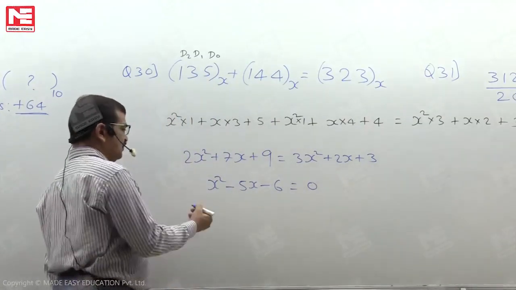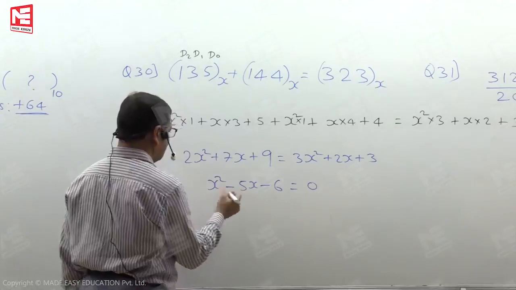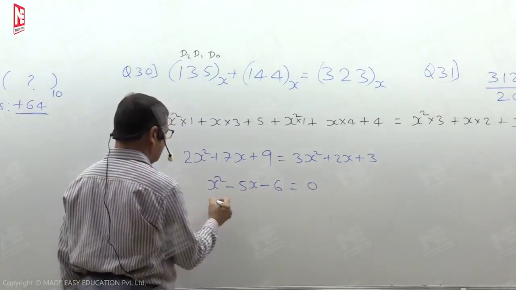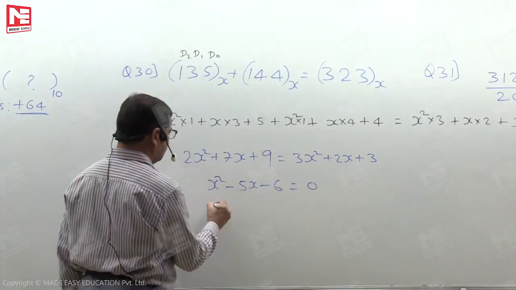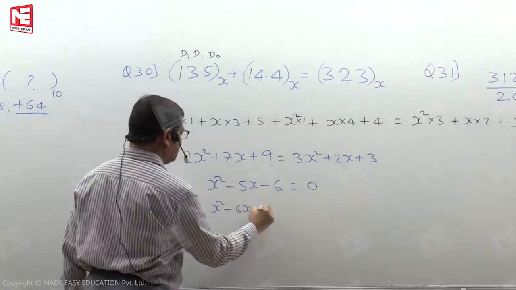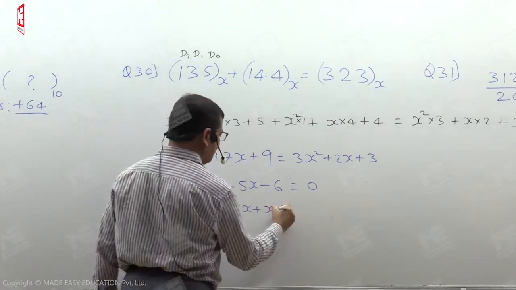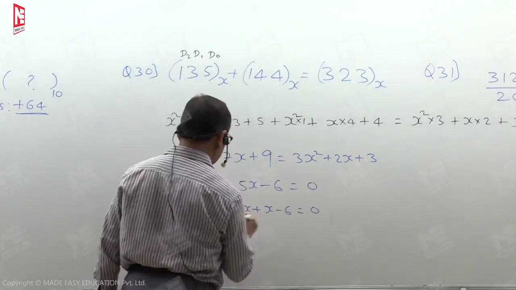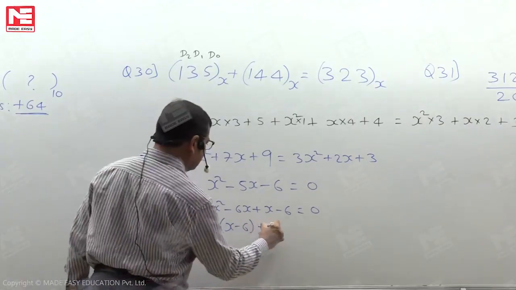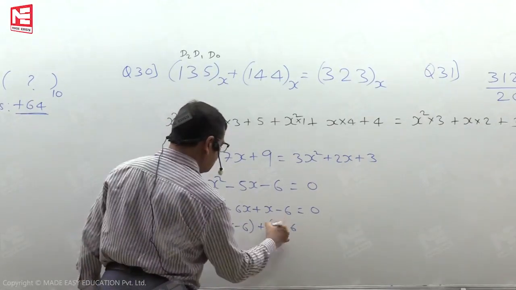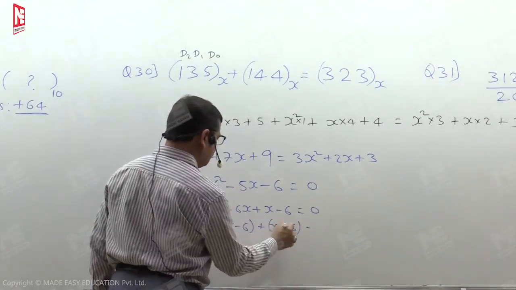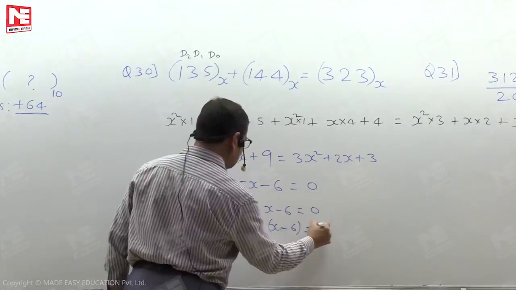So the roots, if you look here, I think one is 5, one is minus 1, I think so. Let me check. So I can write x square minus 6x plus x minus 6 is equal to 0. If you take x as common, x into x minus 6 plus x minus 6 is equal to 0.